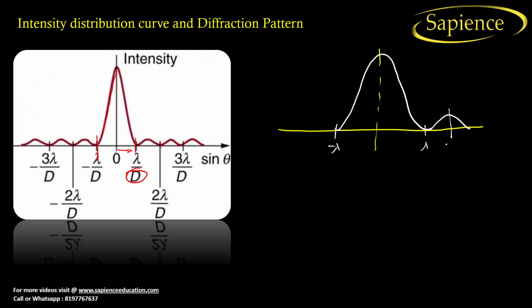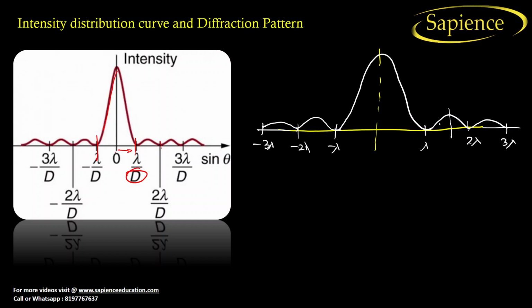Now this will be 2 lambda, this will be minus 2 lambda. Again this will be minus 3 lambda, and this will also be plus 3 lambda, right?